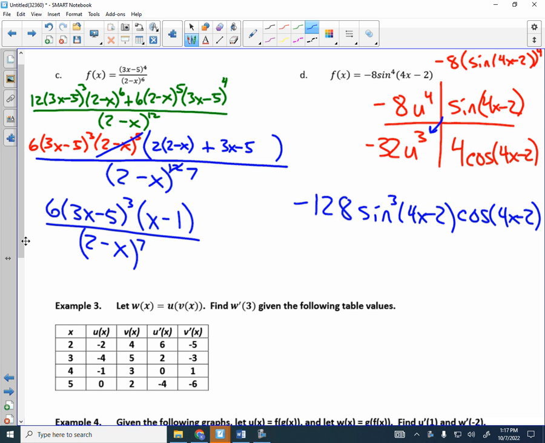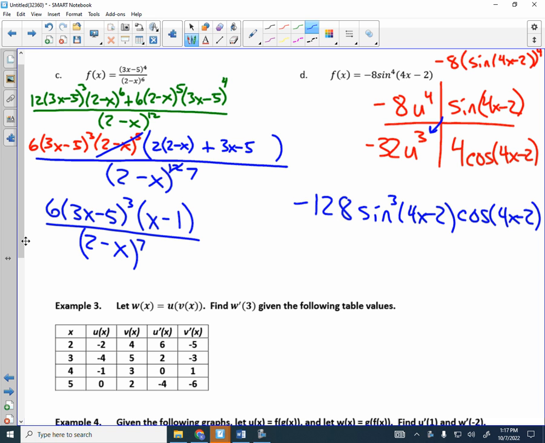Four times the negative 32 is negative 128. Okay. So sine of 4x minus 2 drops in for you there, and it's getting cubed. So sine cubed times that cosine.